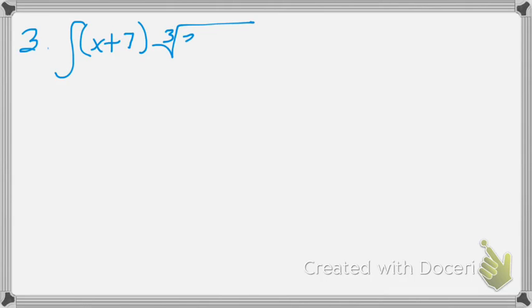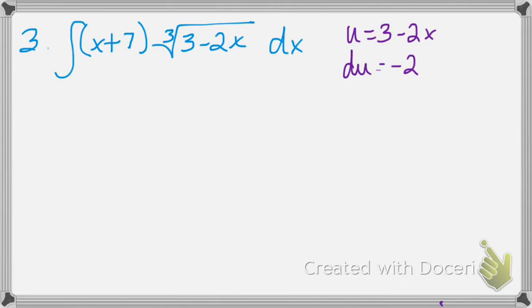Last example of this kind. It's basically the same. If you want to try it first, pause the video and then come back and see if you did it correctly. That would be fine. It looks longer, but it's the same kind of problem. u is going to be 3 minus 2x. du is negative 2.